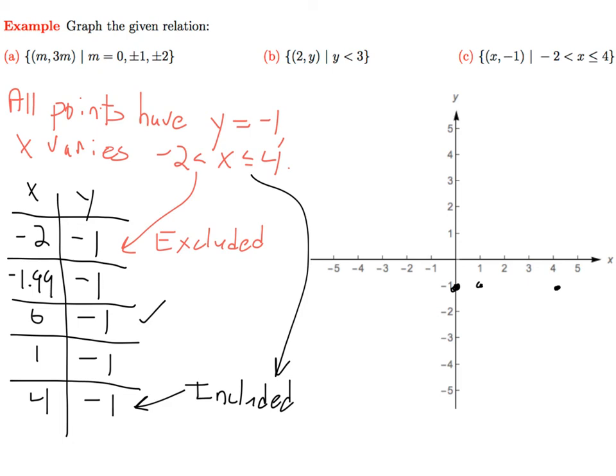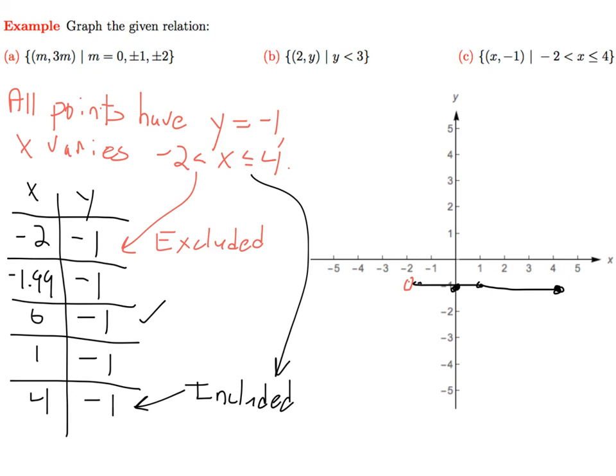The point minus 1.99, minus 1, that's over here, right before we get to minus 2. And then this point, which is excluded, we put an open dot here. So now we include all of the points between here and here.